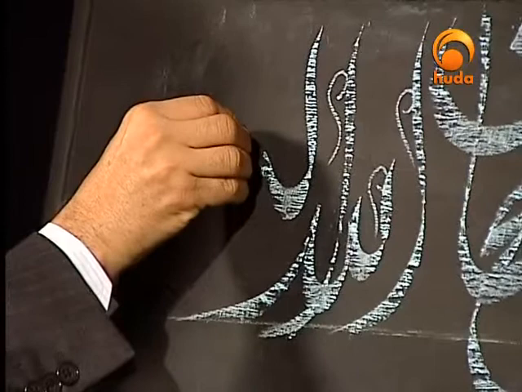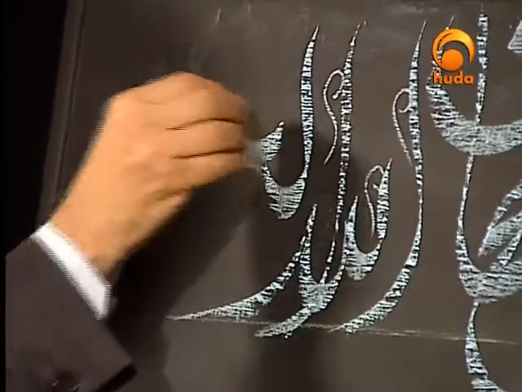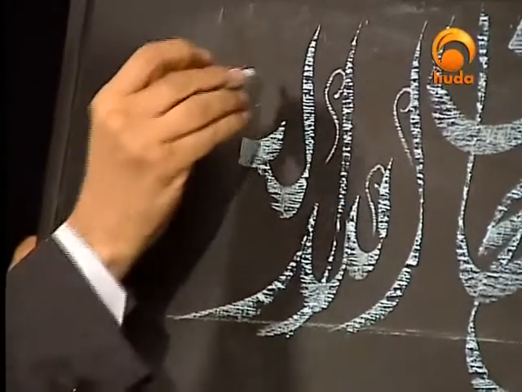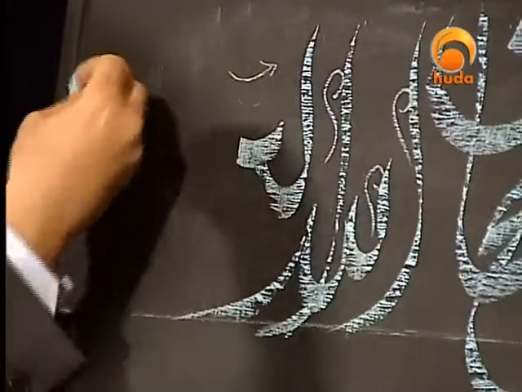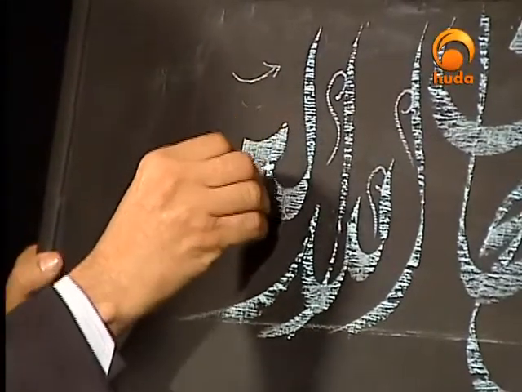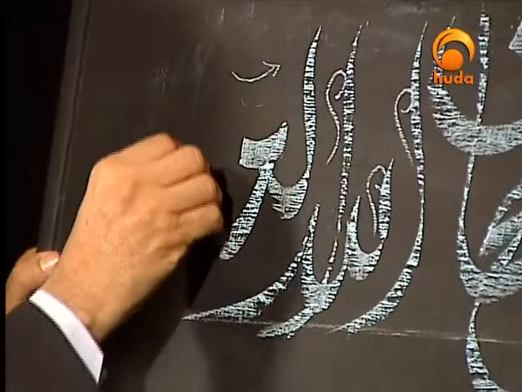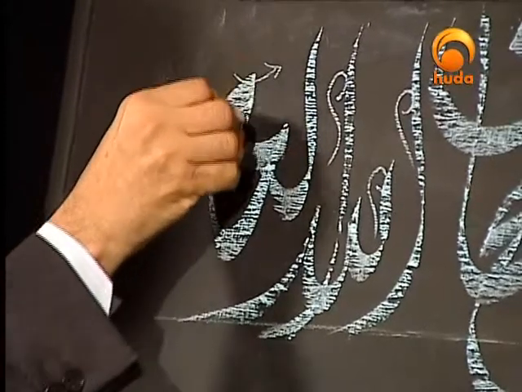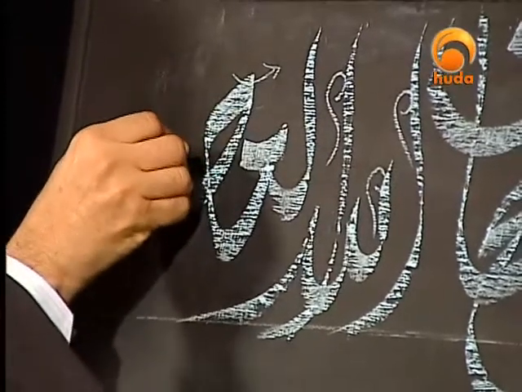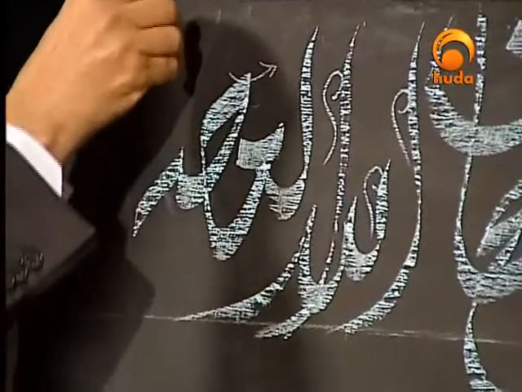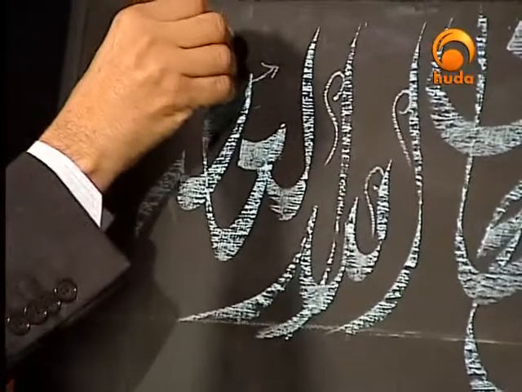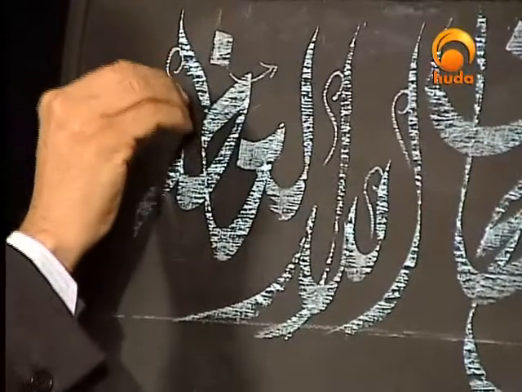Look at our Ain in Jali Diwani. It's an inside curve, like this. Al-Azim, the great.